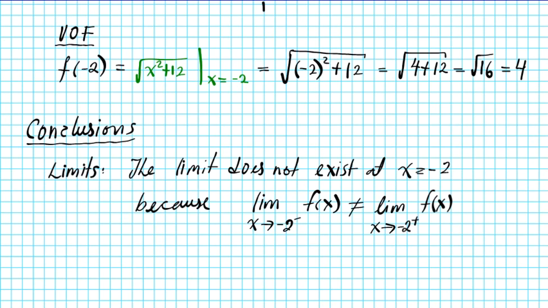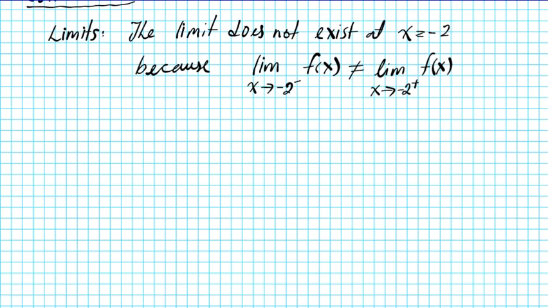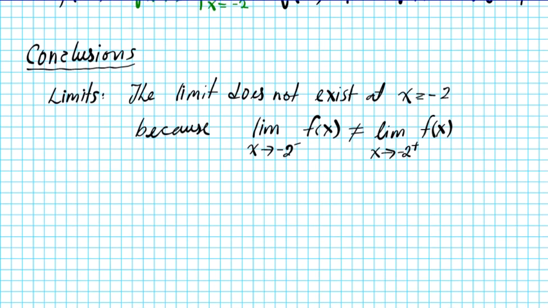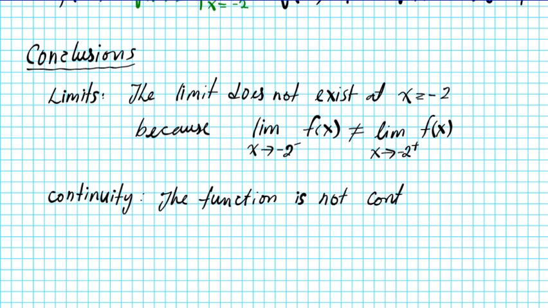Alright, so let's take a look at continuity. What do we know about the continuity of this function? Well, the limit does not exist. The function is automatically discontinuous. Okay? So continuity, the function is not continuous at x equals negative 2. Why do we say that?